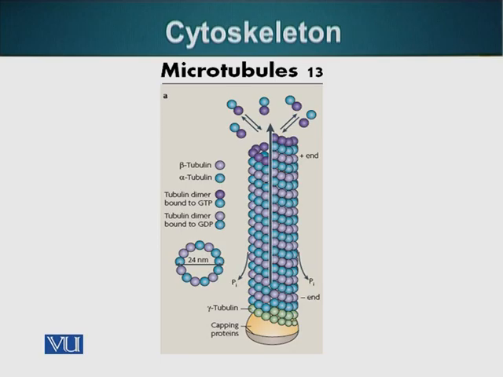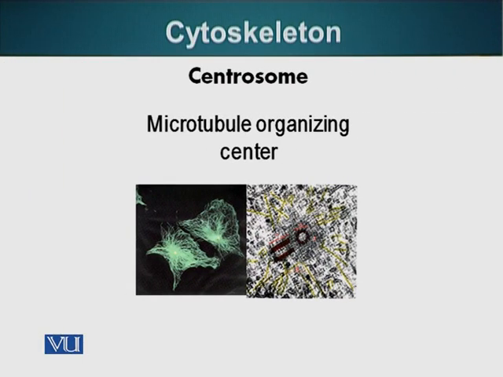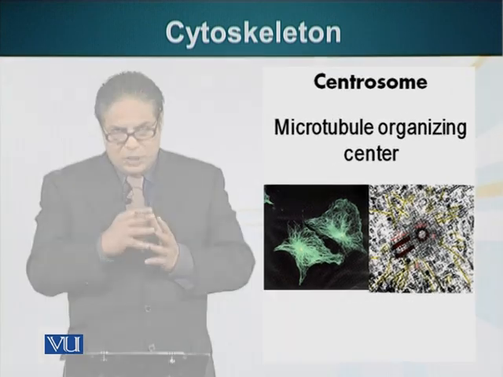Motor proteins know which end of a microtubule is the plus end and which end is the minus end. As I mentioned, the minus end of a microtubule is embedded in the centrosome. The centrosome has an amorphous mass around it. In that amorphous mass, there is another type of tubulin molecule called gamma tubulin.